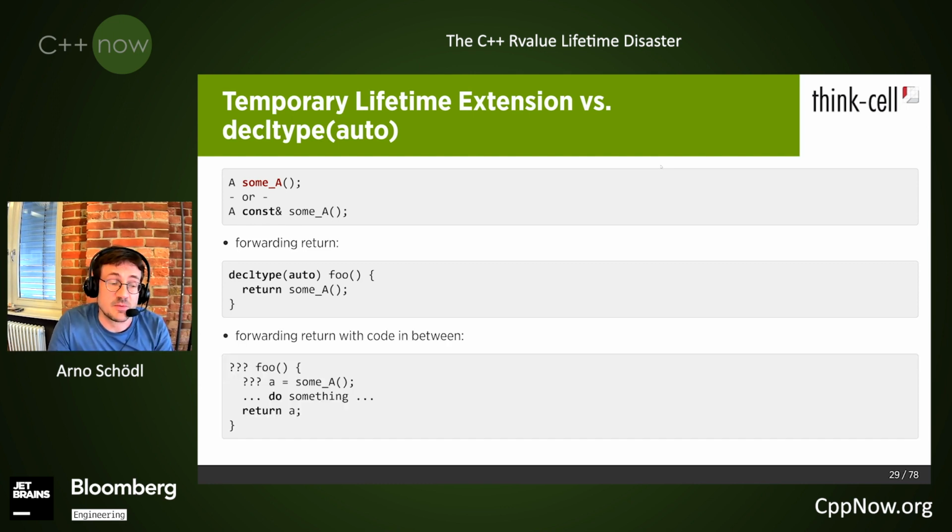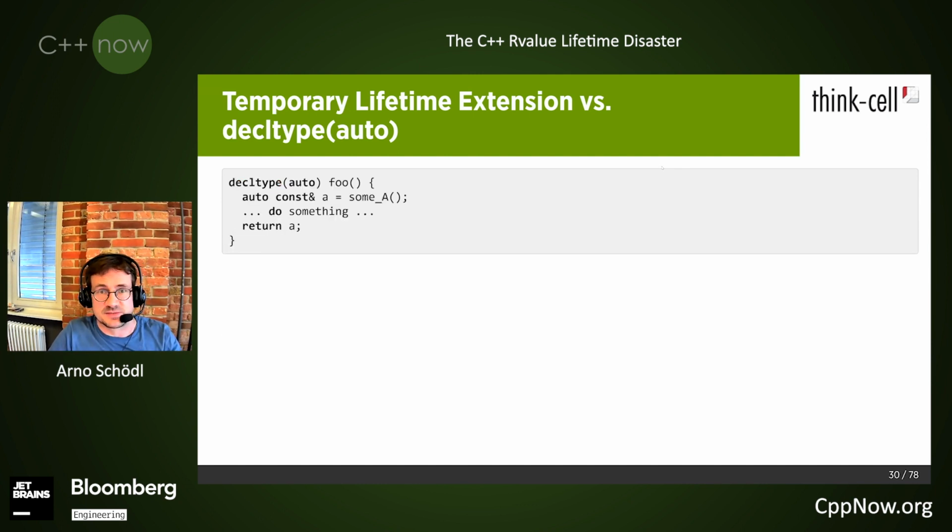Now, let's say we want to put some code in between, right? So we want to take the A from someA, then do something, maybe look into it, and then return it. So how would that work? Well, let's try again with temporary lifetime extension. So you have an auto const& A = someA. So far, so good. There, lifetime extension will work.